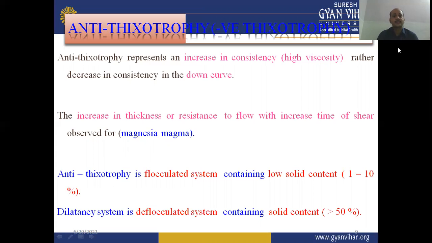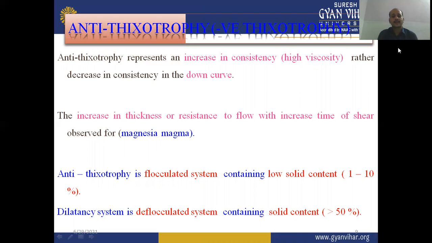So there is an increase in consistency or high viscosity compared with thixotropic behavior, where a decrease in consistency in the down curve can be seen. The increase in thickness or resistance to flow with increased time of shear is observed for magnesia magma.